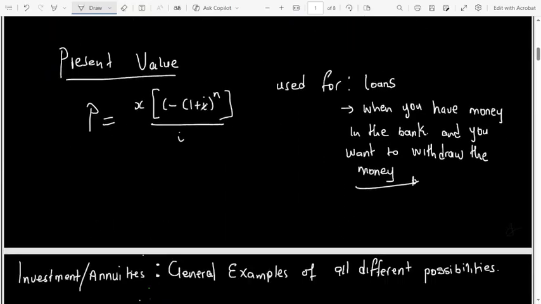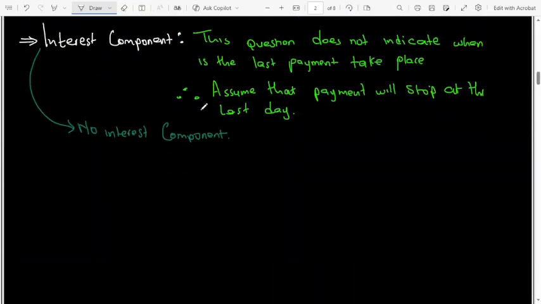If you don't understand what is going on, just wait until we do the next example. So the future value will be x into (1 plus i) to the power n minus 1, and everything is divided by i.